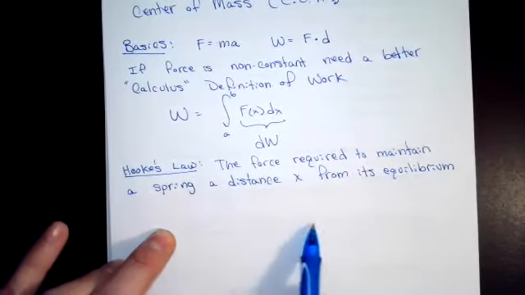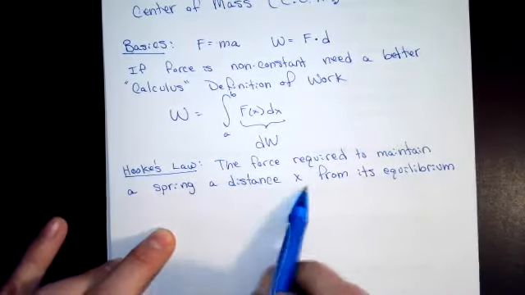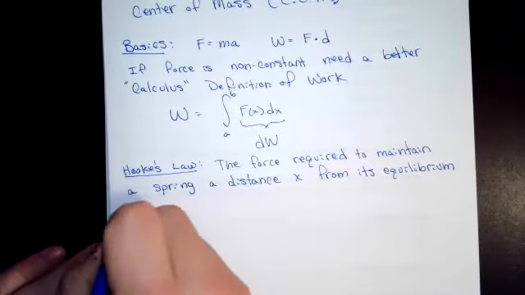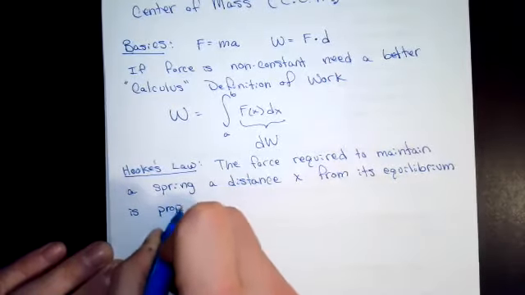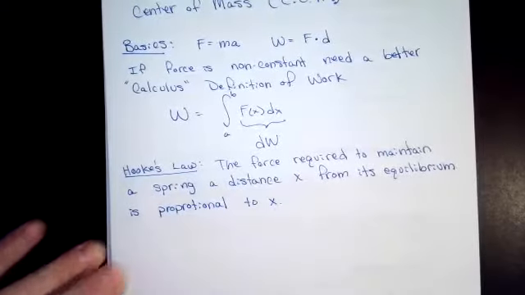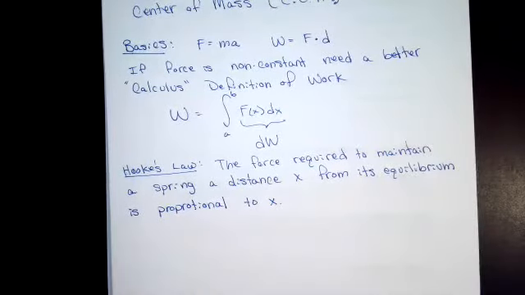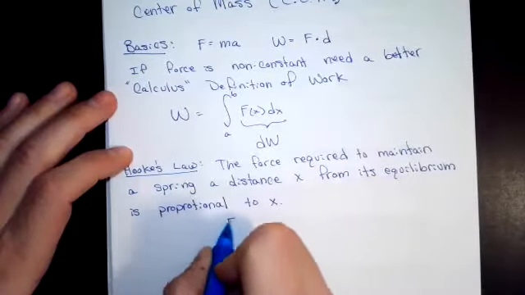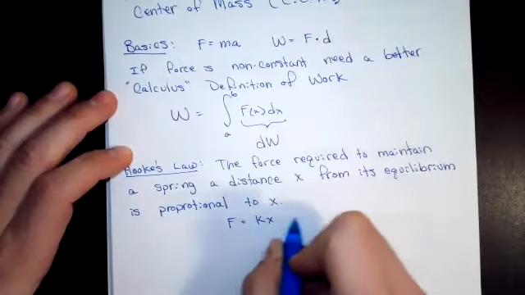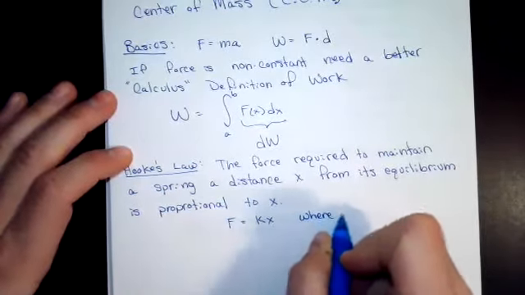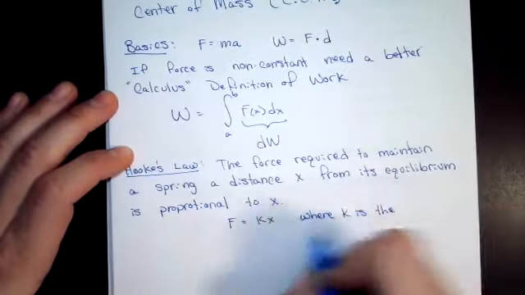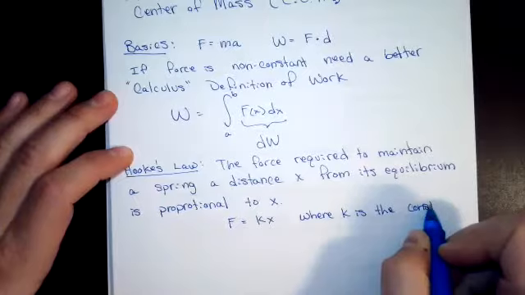So wherever its equilibrium, if I compress it or stretch it, doesn't matter which direction, the force is then proportional to the distance we move it, to the distance we stretch or compress it. So in other words, the force on a spring is kx, where k, we call it the constant of proportionality, or the spring constant.